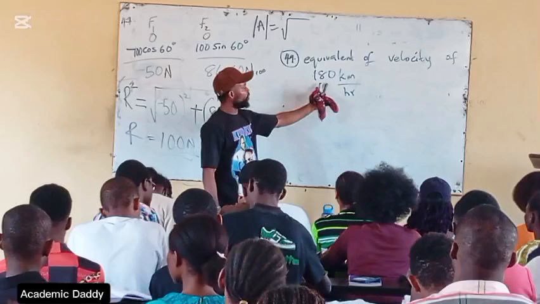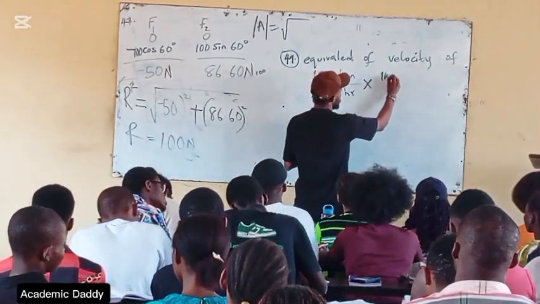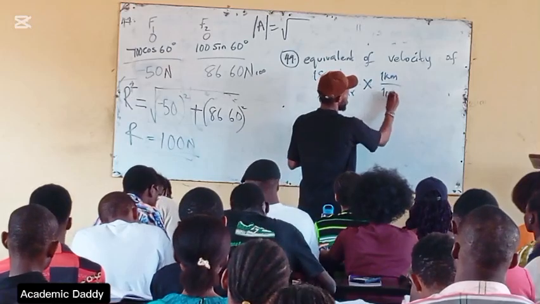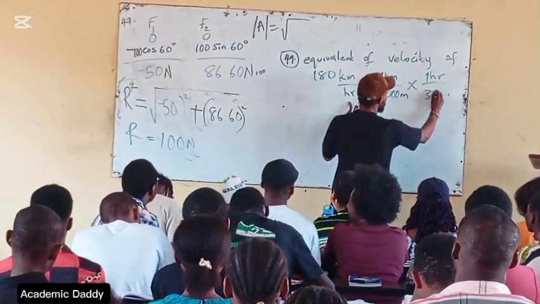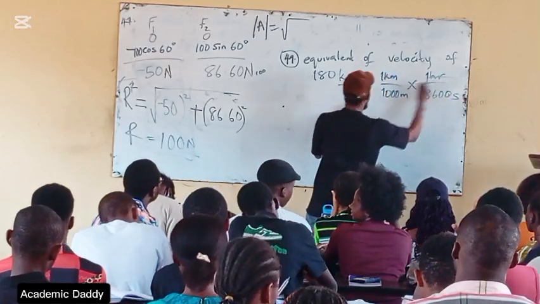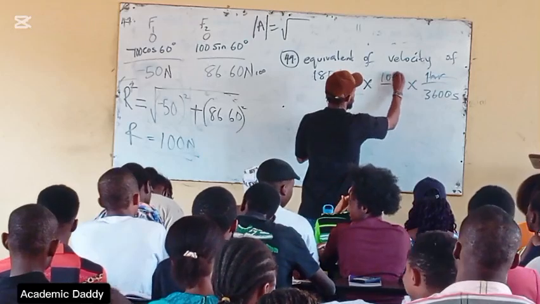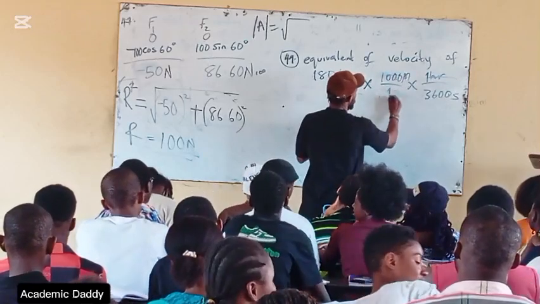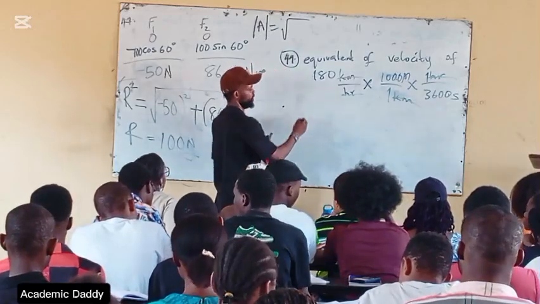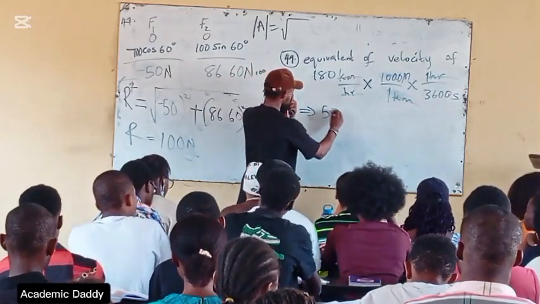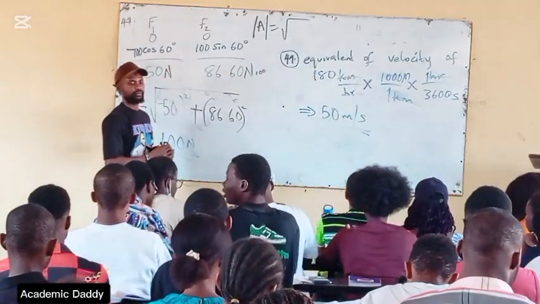The velocity is in kilometers per hour, times 1 kilometer over 1,000 meters, and times 1 hour over 3,600 seconds. Hour cancels hour, kilometer cancels kilometer. Okay, question 50, the last one.